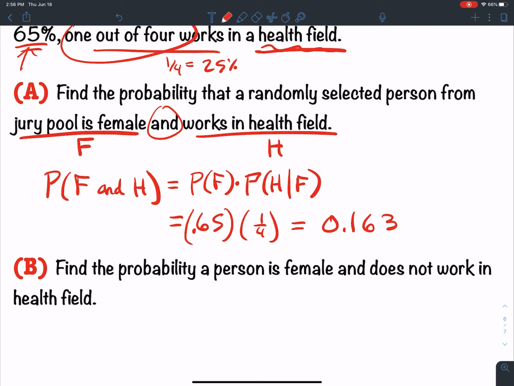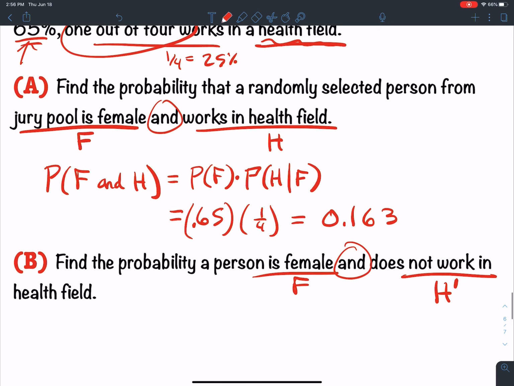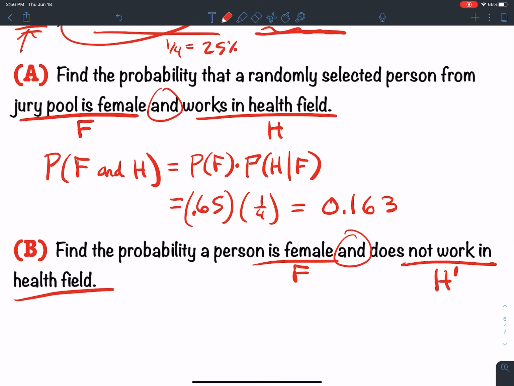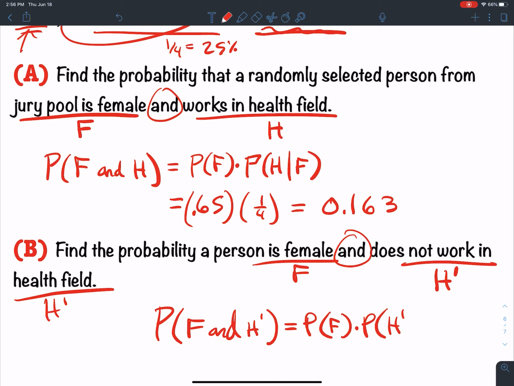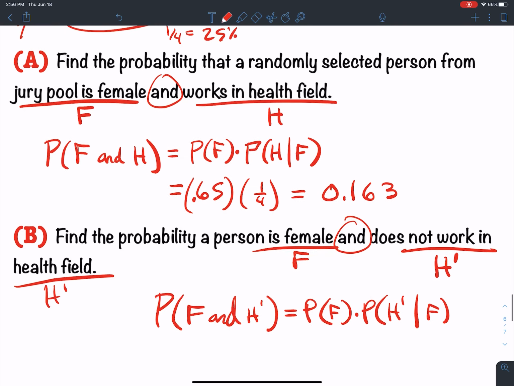The next one, find the probability that a person is female and does not work in the health field. So this is the complement of H, does not work in the health field. So the probability that you're female and you don't work in the health field is the probability that you're female times the probability that you're not in the health field given you're female.